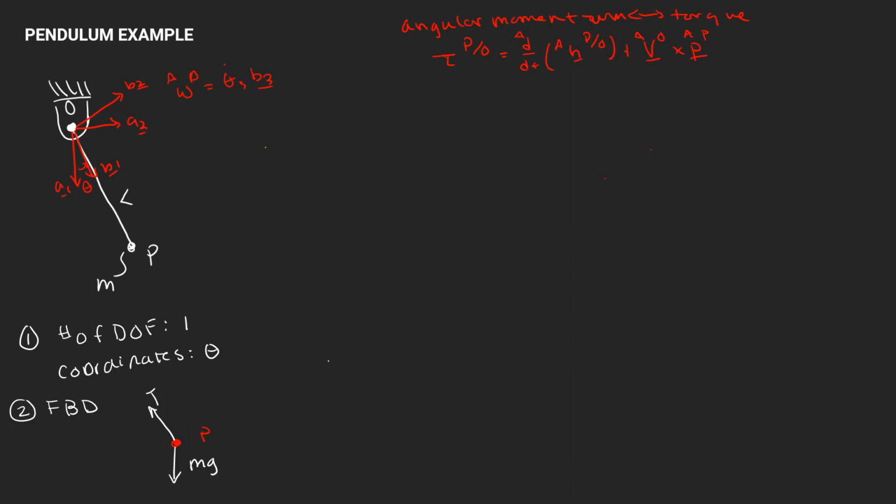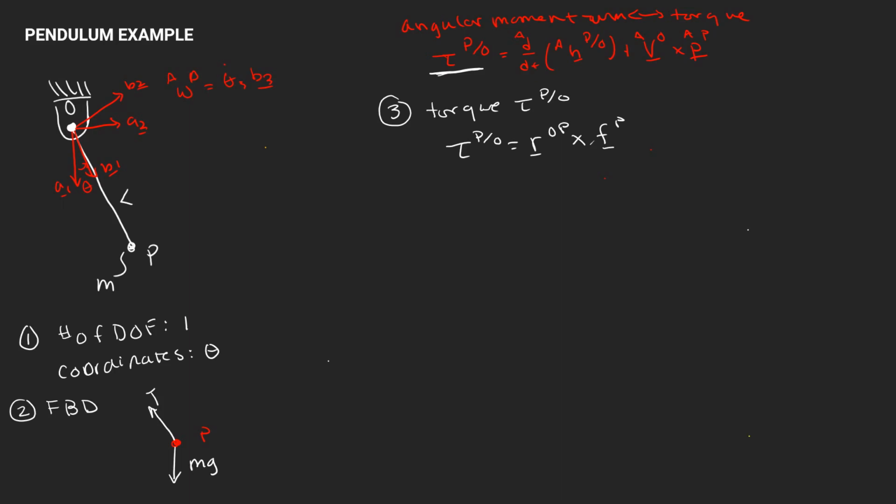And so we'll start with this torque term here, the torque of point P about point O. If you recall from the last video, our torque is equal to a position vector ROP crossed with our force vector.